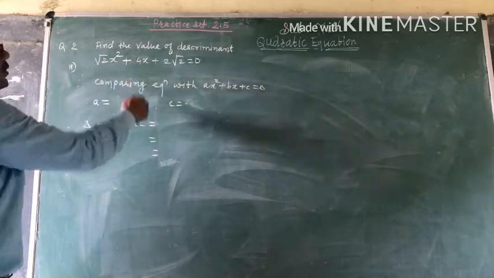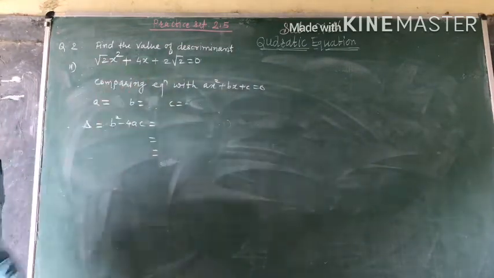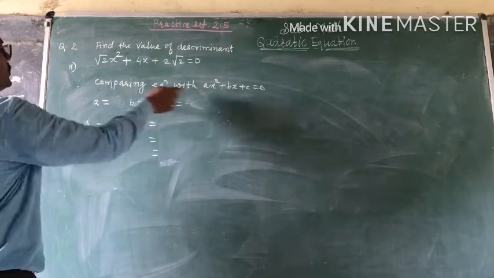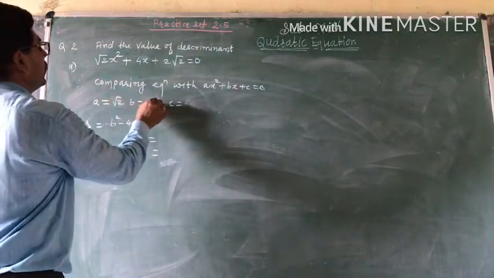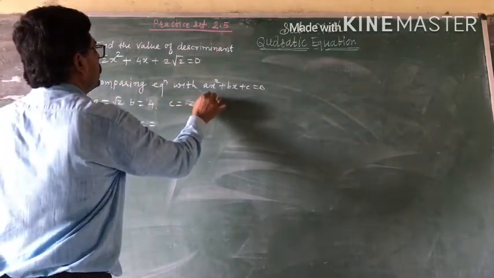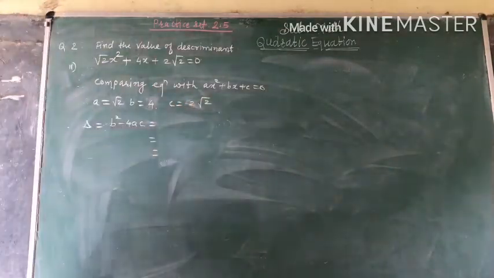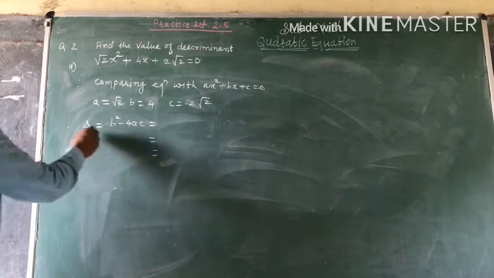This is a quadratic equation in its standard form. Comparing, the value of a is equal to root 2, b is equal to 4, and c is equal to 2 root 2. Then find the discriminant delta.